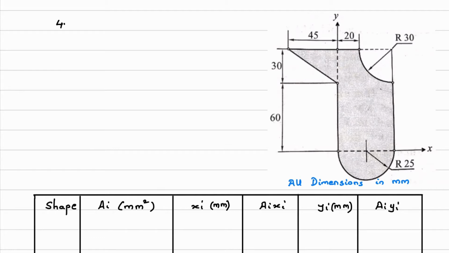First will be a rectangle, which is part 1, shape 1. Then second we will consider a semicircle, which is shape 2. Third we will consider this triangle, and fourth we will consider this quarter circle. This quarter circle has to be cut.